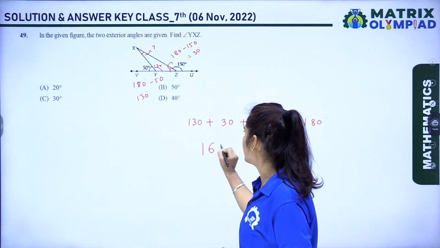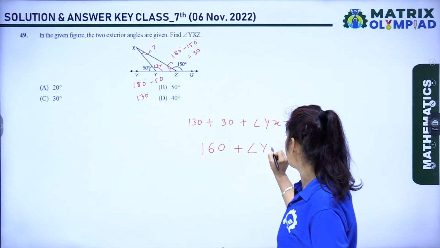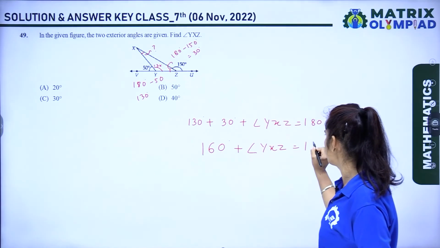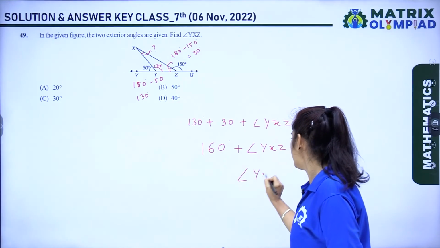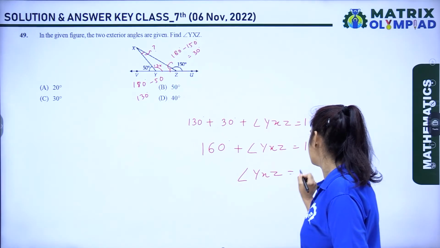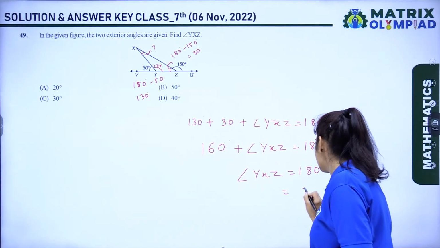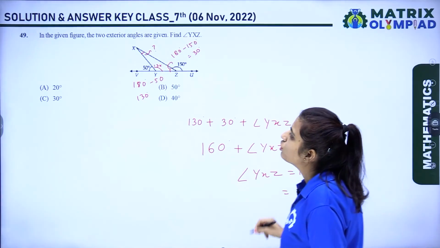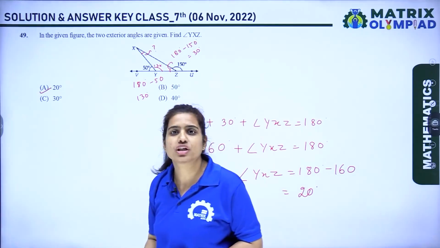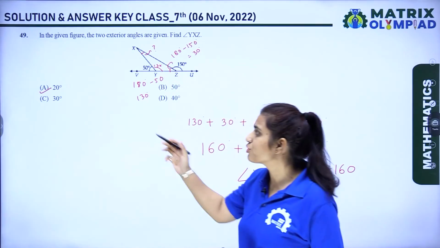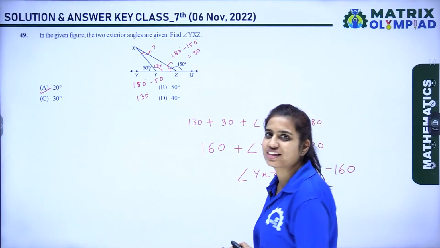Now, after calculation, we get 160 degree plus angle YXZ equal to 180 degree. So, angle YXZ is equal to 180 degree minus 160 degree, which is equal to 20 degree. So, our required angle is 20 degree, that is option A. So, we can say that option A is the correct answer for question 49.